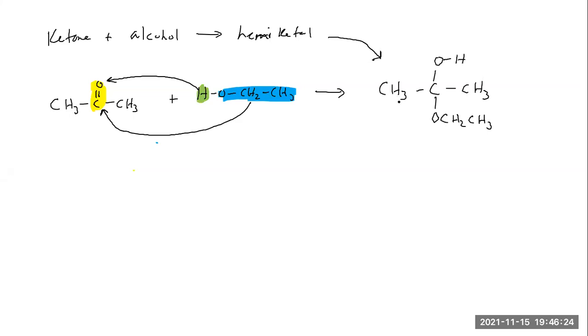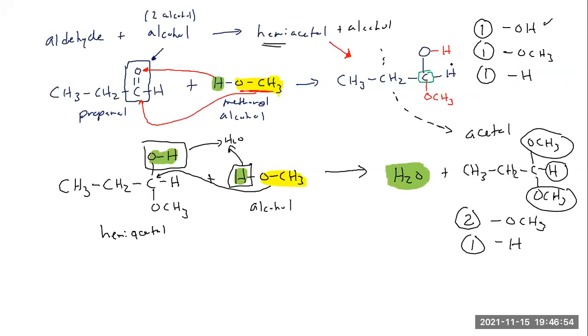The key points of this is it has one oxygen hydrogen group. It has one oxygen carbon group, which in this case is this guy. And different than the Hemi Acetal is no hydrogen on the carbon. And what I'm talking about is this carbon right here. There is no hydrogen. If we go back to our acetal, or hemiacetal, there is a hydrogen here on this carbon.